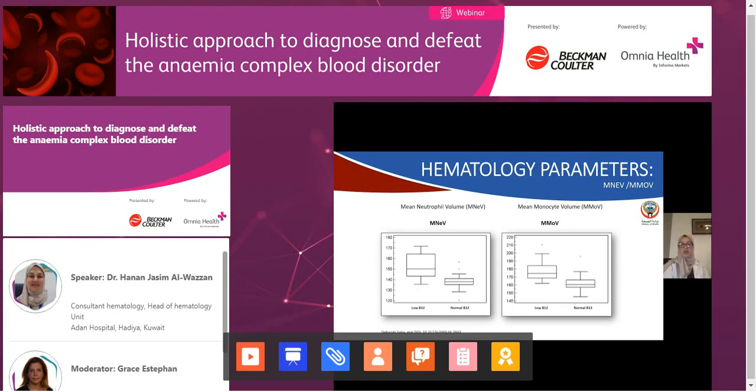A study showed that patients have an increase in the mean neutrophil and monocyte volume in both B12 and folate deficiency.